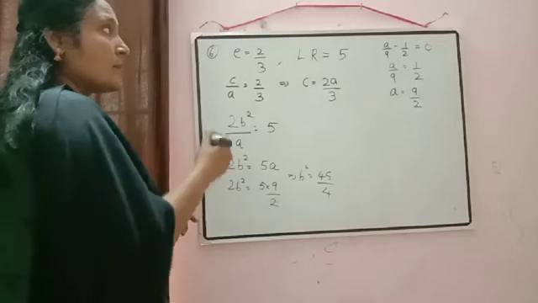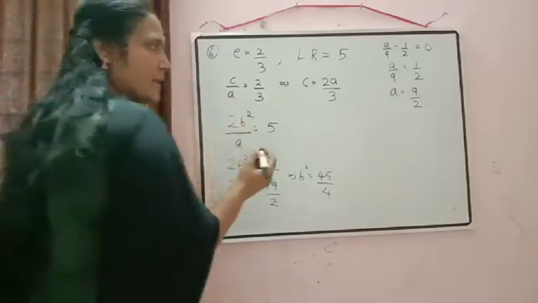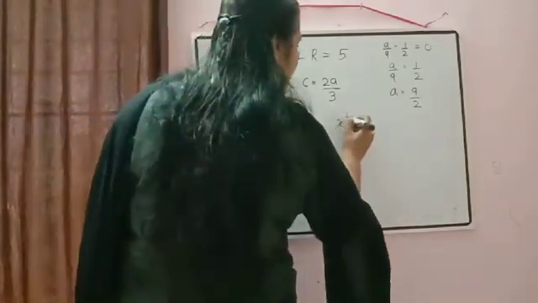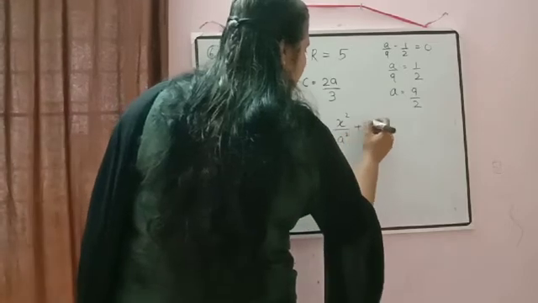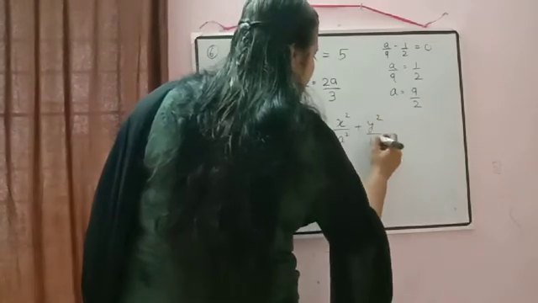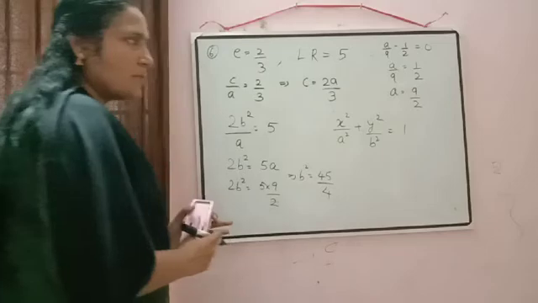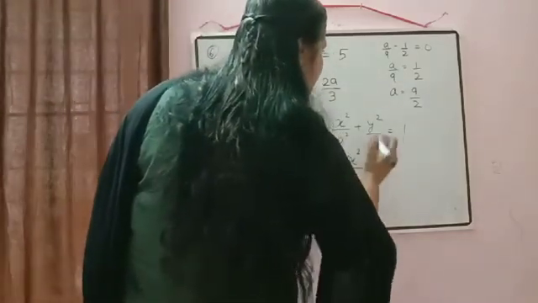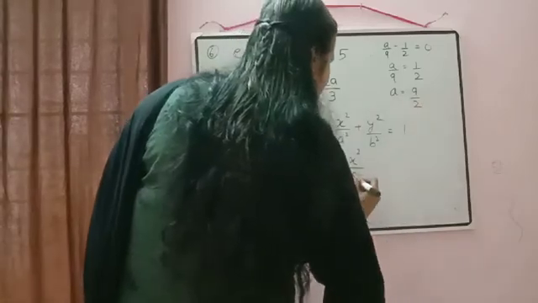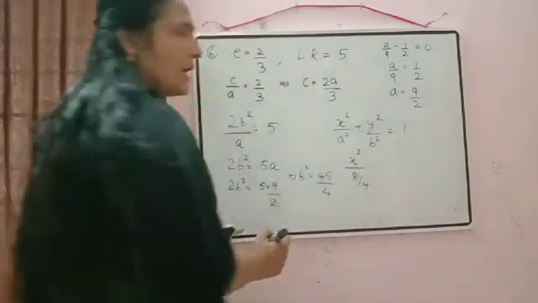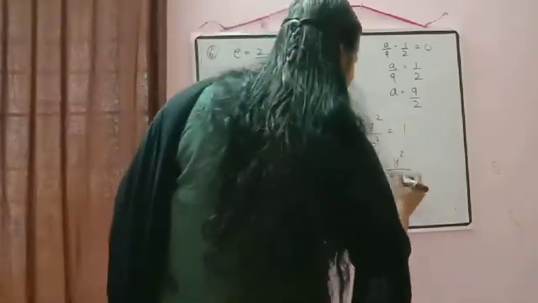Now we will write down the equation. Since no other conditions are given, we will take the standard equation of ellipse. X square by a square plus y square by b square is equal to 1. So x square by, what is a square? A is 9 by 2. So a square will be equal to 81 by 4 plus y square by b square is 45 by 4 is equal to 1.